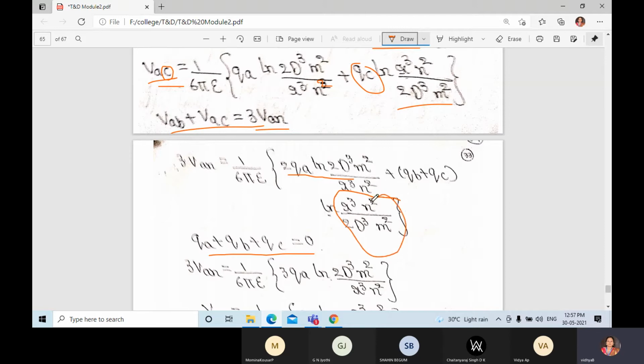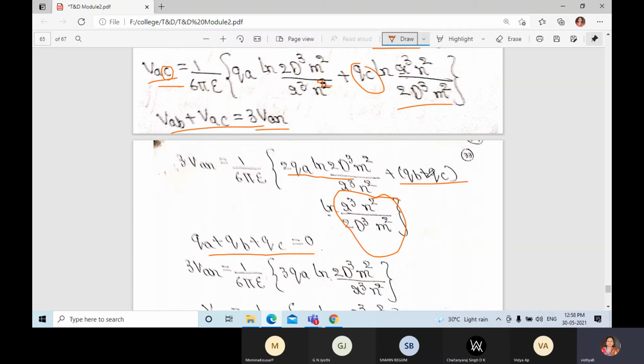If we reverse the denominator to numerator and numerator to denominator, here plus will become minus, and minus ln 2D cube M square divided by R to the power of 3 N square. This value is minus QA. Minus QA into minus, plus you will get.